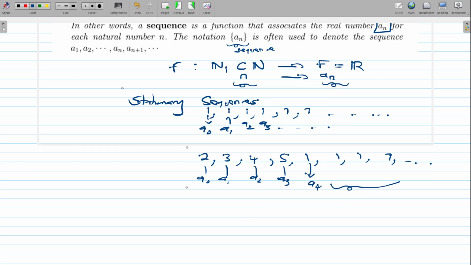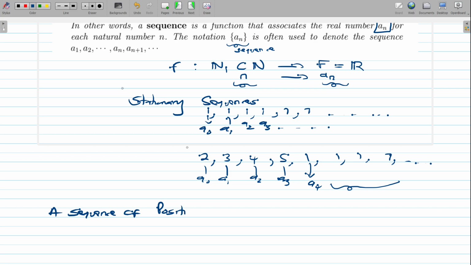We also have sequences of real numbers that have positive numbers. So let's define a sequence of positive numbers.